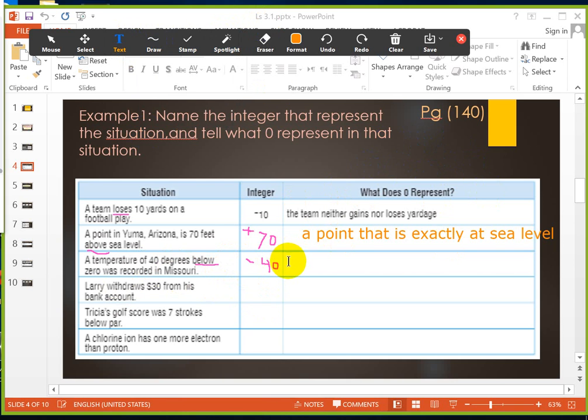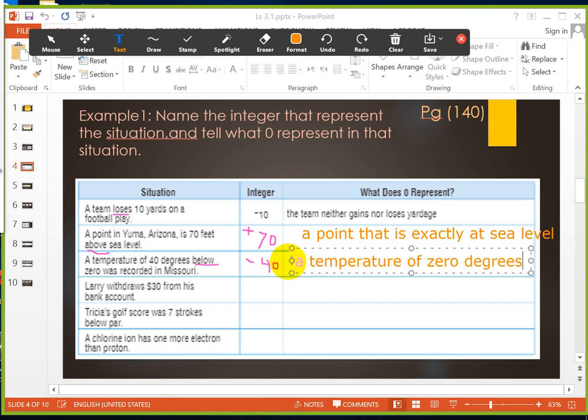If I have 0 in this situation, that means the temperature equals 0, because the quantity belongs to temperature. Temperature of 0 degrees.